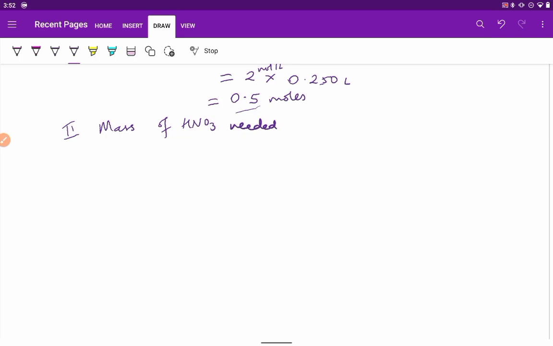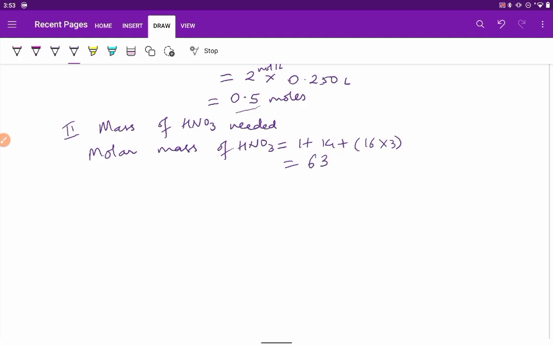So first of all, let us calculate molar mass of HNO3. For hydrogen it is 1 plus nitrogen 14 plus oxygen 16 into 3 because 3 atoms. On calculation, you see, we should get 63.